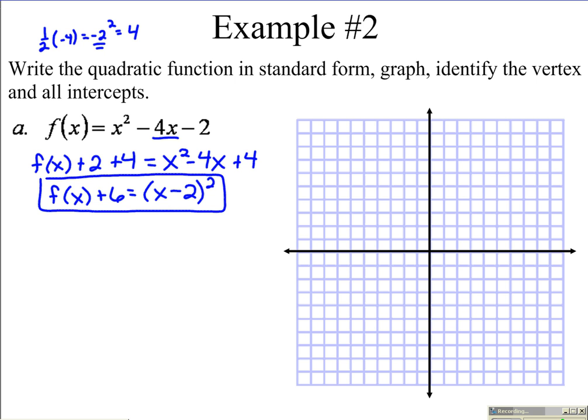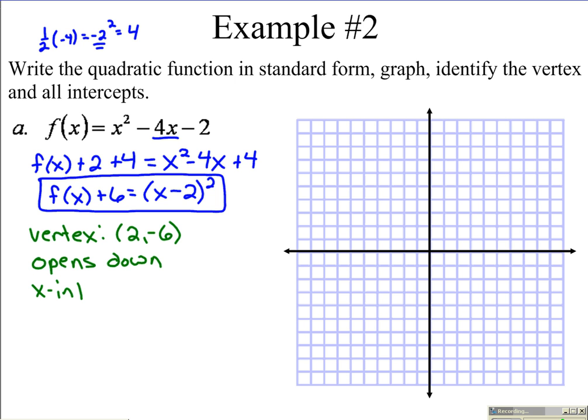There's standard form. Once you get to standard form, everything else should be relatively straightforward as far as what you are finding. In this case, begin with the vertex. Vertex is going to be at 2, -6, opposite of what's being added or subtracted from x and y. This parabola opens down. Let's go ahead and find our intercepts.